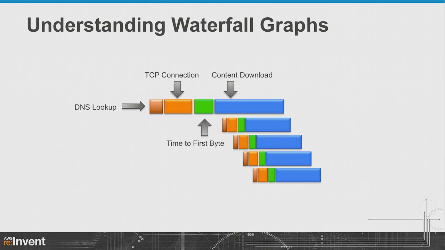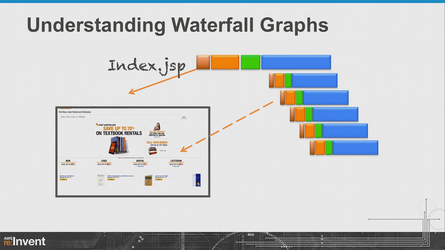So if the server is really busy, this time to first byte would be a little bit larger. And the content download time is after the first byte, when the actual content gets to the browser, so how long that takes. Again, to give you an example, the first bar would be index.jsp, the wrapper around all my content. The following content would be anything within that page, so all the images, CSS, and JavaScript.